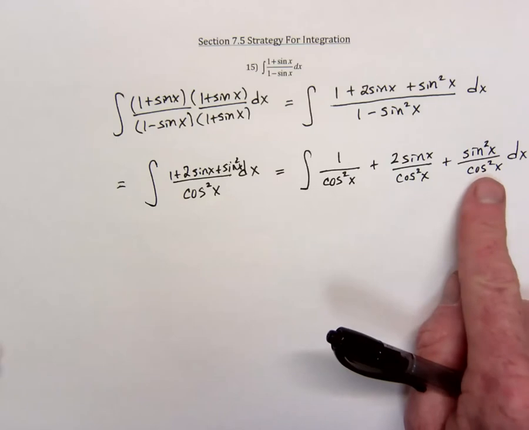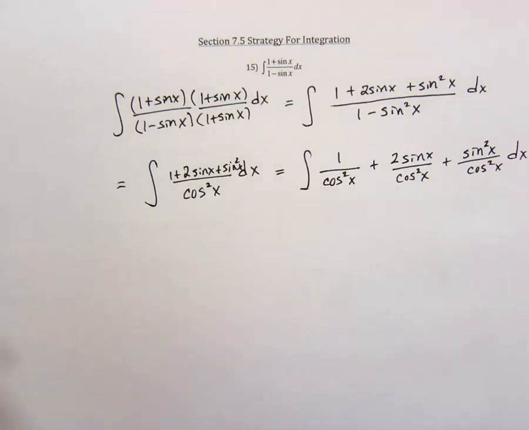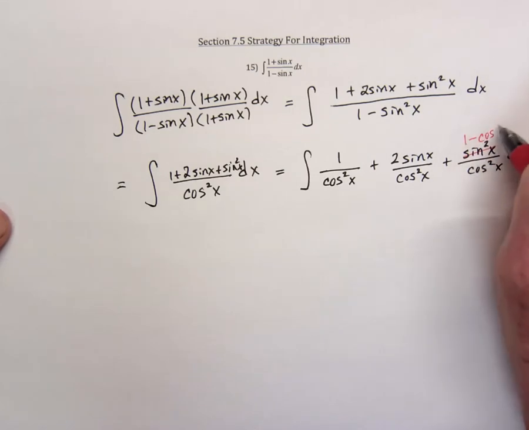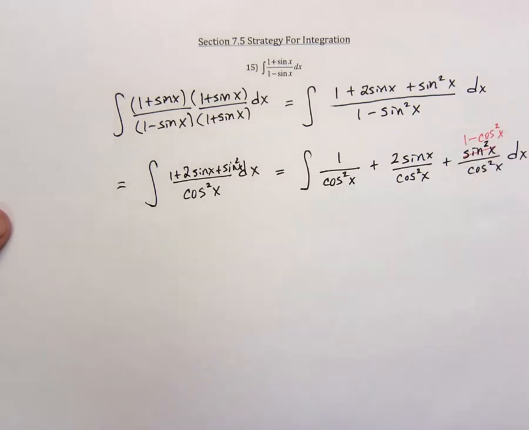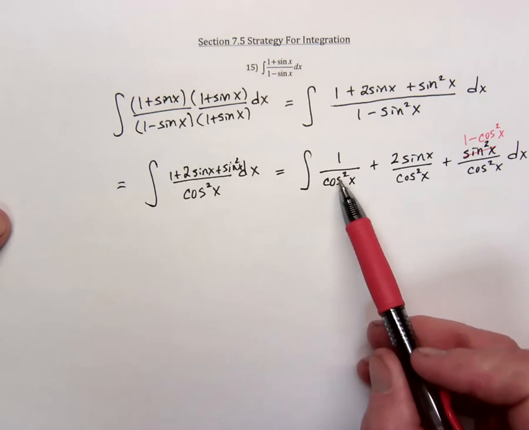So I think we're going to need to use some other identity, like the fact that sine squared is 1 minus cosine squared. So if you replace sine squared with 1 minus cosine squared, and then break that up into 2 fractions, you'd have 1 over cosine squared, so we would have 2 of those.